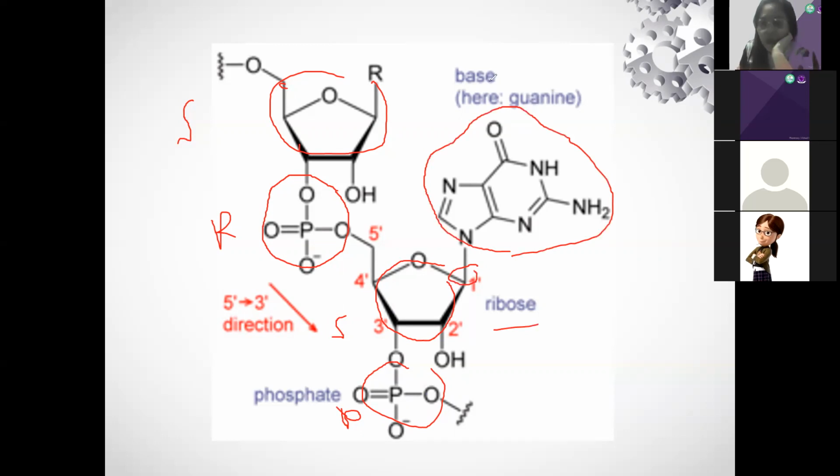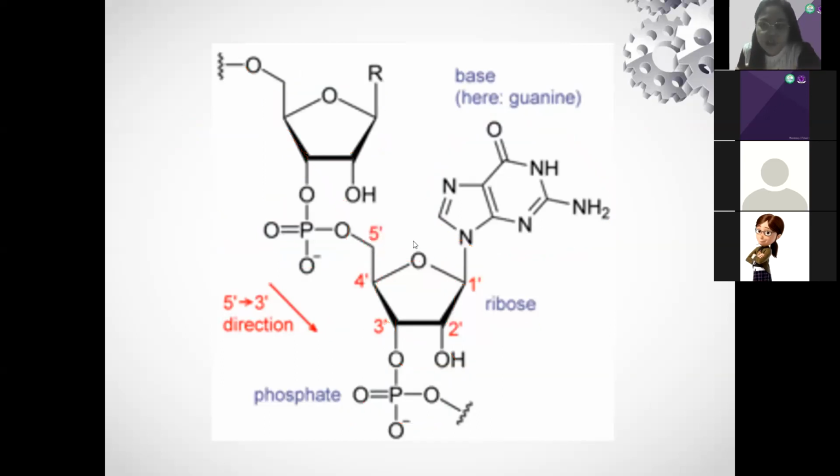Again, our nitrogenous base is bonded to carbon number 1 of the sugar, while the phosphate is bonded to either carbon number 5 or carbon number 3. So that is why we have here a 5-3 direction kasi it's an alternating sugar, phosphate, sugar, phosphate. Again, this one here is the backbone of our nucleic acid, and then at the center we will see the nitrogenous base bonded to the sugar.